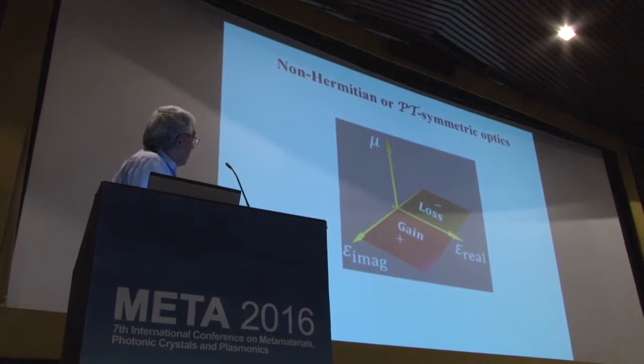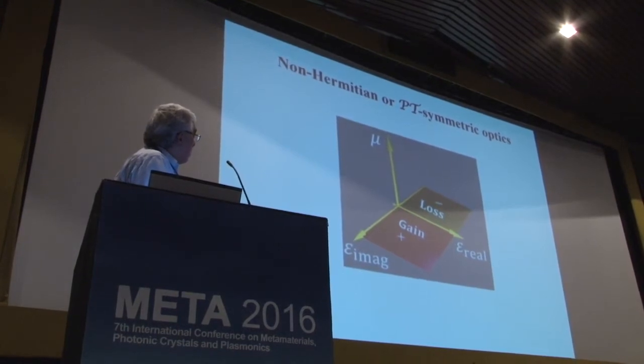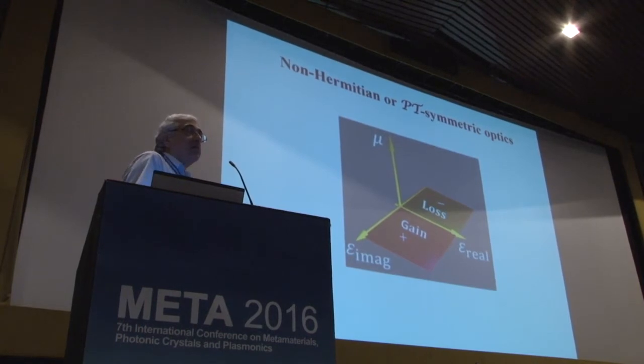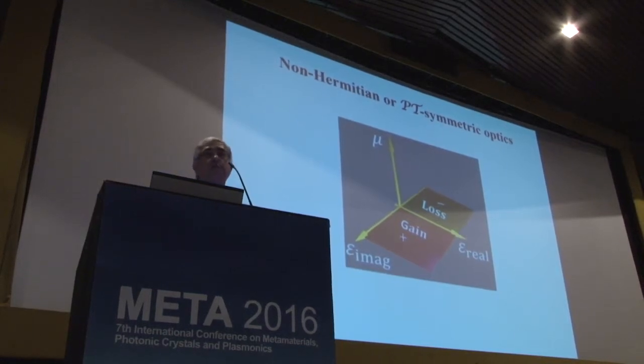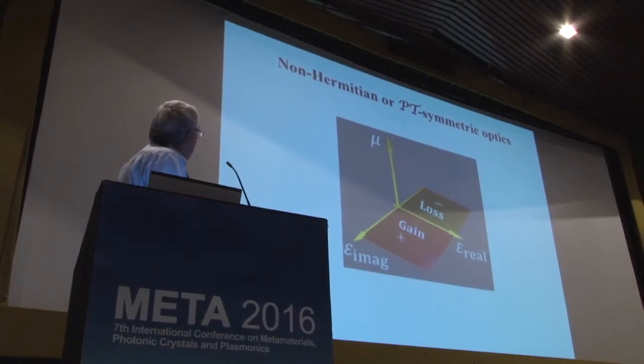In other words, keep the real part of the permittivity as it is supposed to be, but use a strong contrast between gain and loss. So the question I would like to ask at this point is: is there anything we can get if we have this synergy between index, gain, and loss in appropriate proportions?